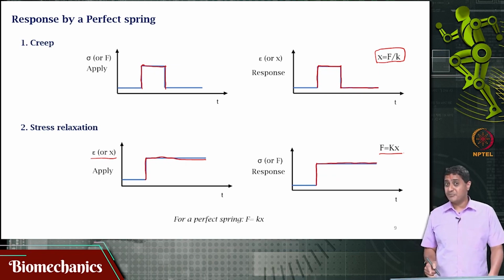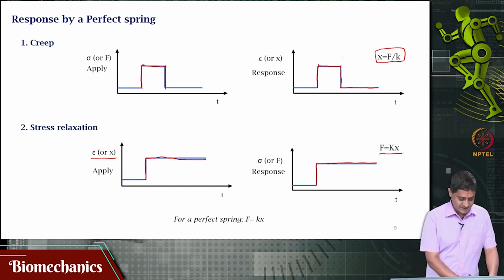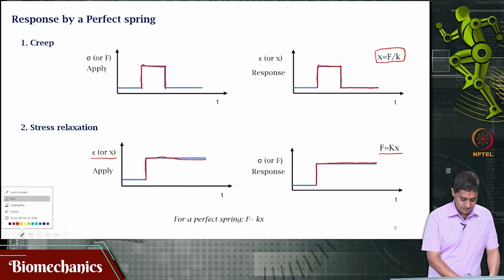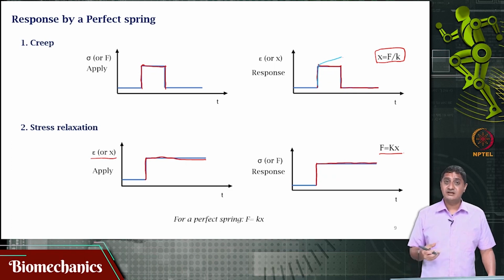Of course, we saw what happens during the application of stress or strain in a viscoelastic material, right. In an elastic material you would expect this to be the characteristic, but in a viscoelastic material what you see is that the strain will go up, and then as a function of time the strain continues to go up, although the stress itself remains a constant.